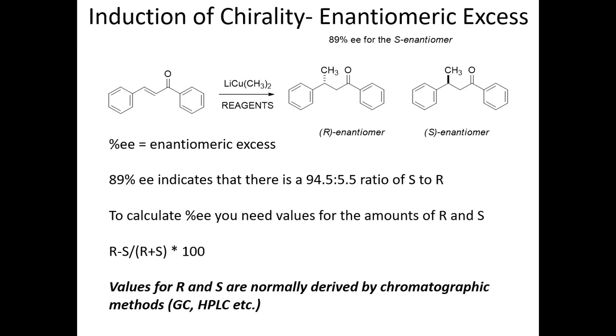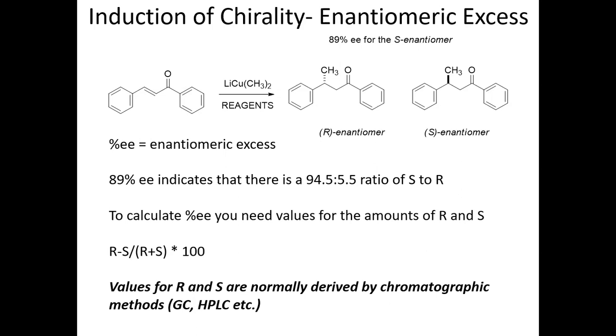We have this value called enantiomeric excess, right? You can calculate basically the ratio of one isomer to the other, and the way you calculate that is you use some type of chromatographic method: gas chromatography, HPLC, supercritical fluid chromatography, something in that area.